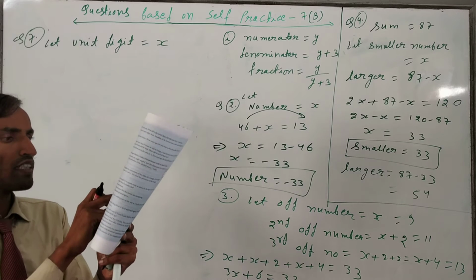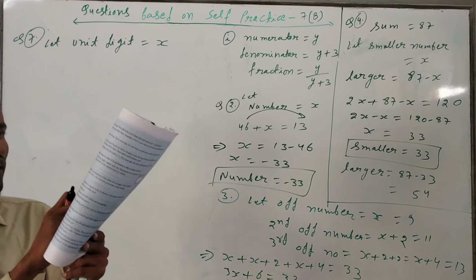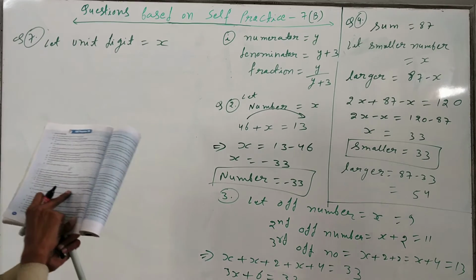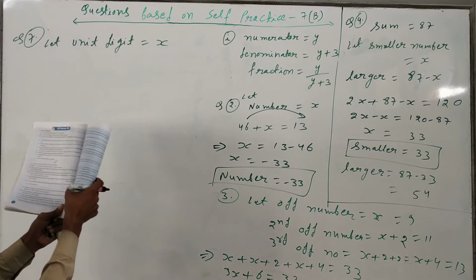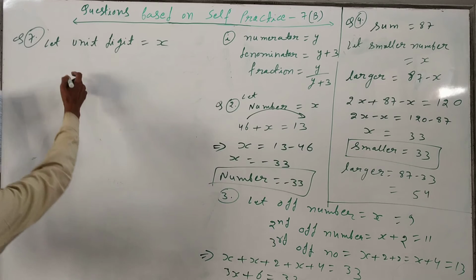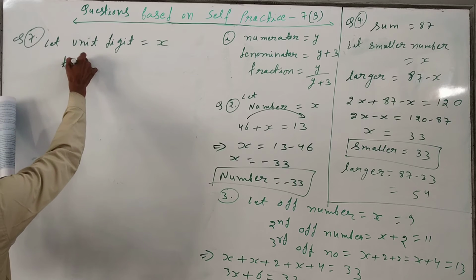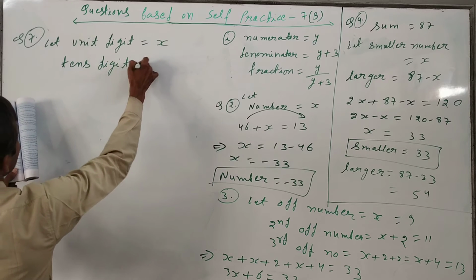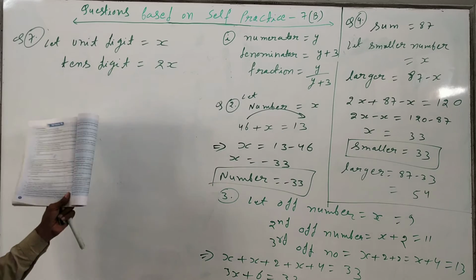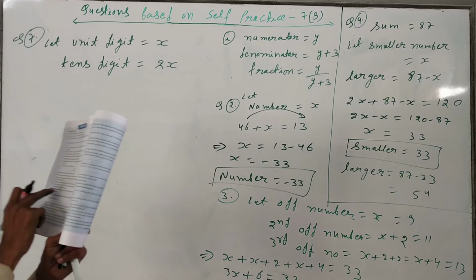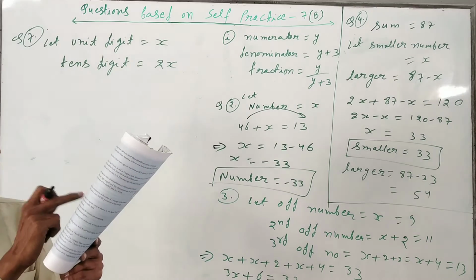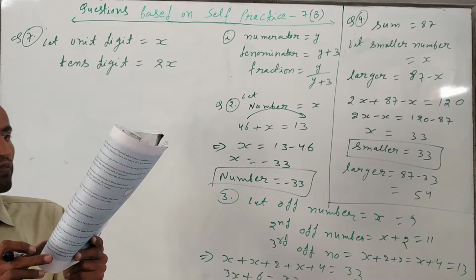The digit in the unit place is twice the digit in the tens place. So if the unit digit is x, then the tens digit is 2x.